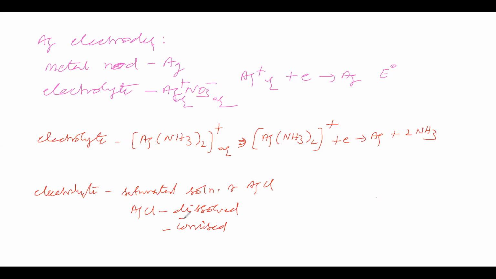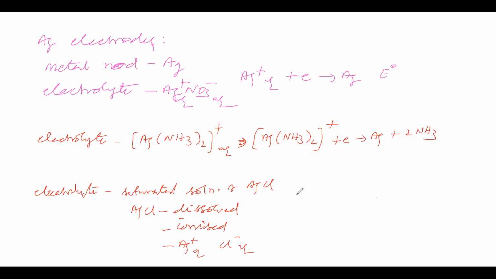Ionized in the sense it is dissociated into ions, cation separate, anion separate. The extent of ionization will not be 100% for any substance. Now this is existing in the form of Ag plus aqueous, Cl minus aqueous. The extent of ionization will vary.